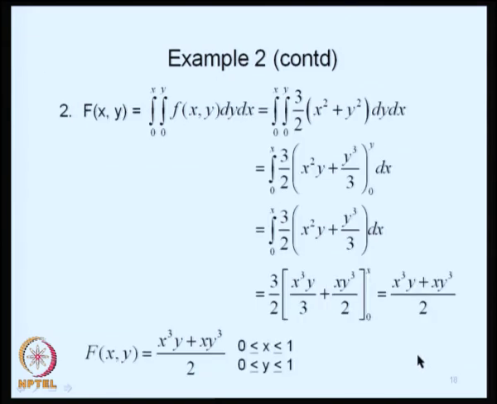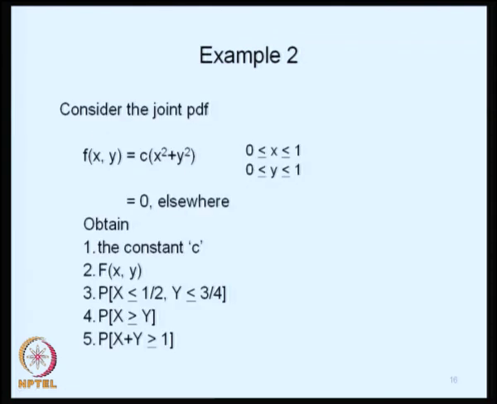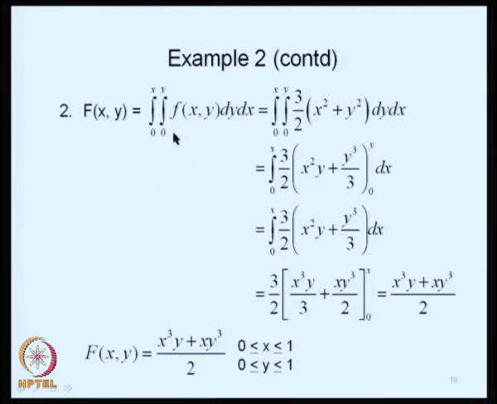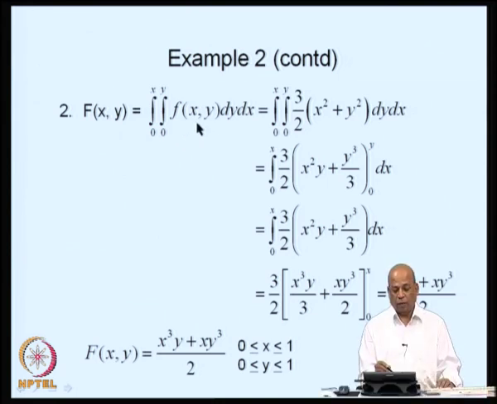Then let us see how we get the joint CDF from this. Because x goes from 0 to 1 and y goes from 0 to 1, your lower limits for the integration will be 0 in both the cases, x as well as y. So, first we will vary y and then vary x. F of x comma y is the integral of the PDF with respect to y and x. The limits of integration are 0 to y for the variable y and 0 to x for the variable x.